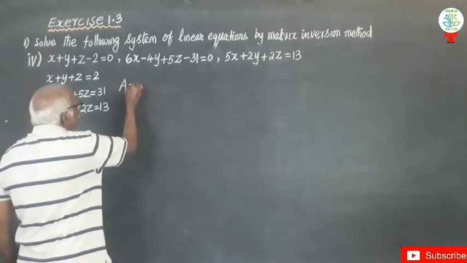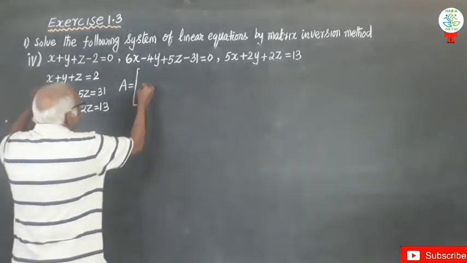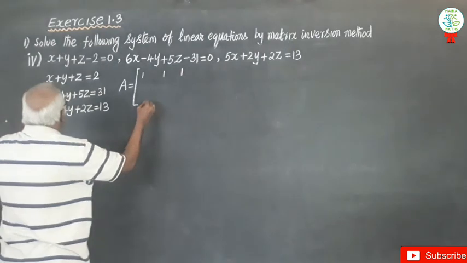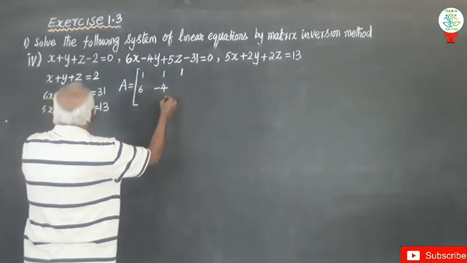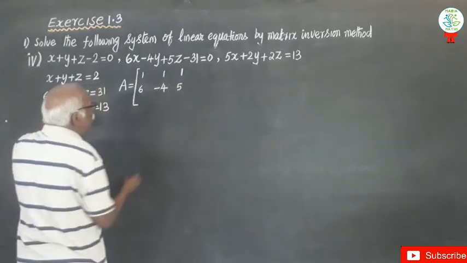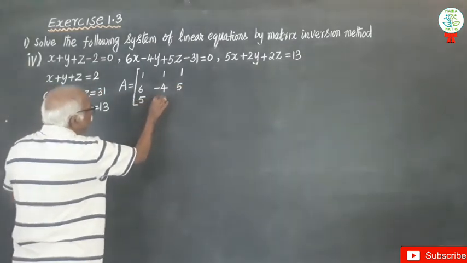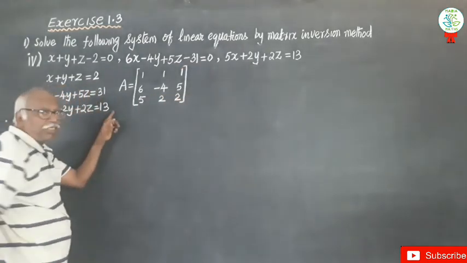A matrix. A is equal to all the coefficients. First row 1, 1, 1. Second row 6, minus 4, 5. Third row 5, 2, 2. This matrix is the coefficient matrix.